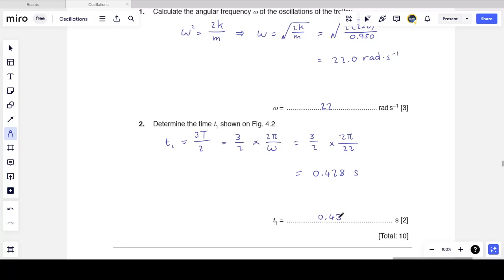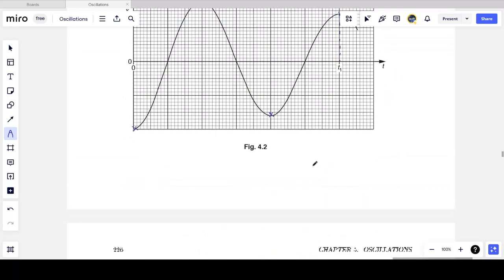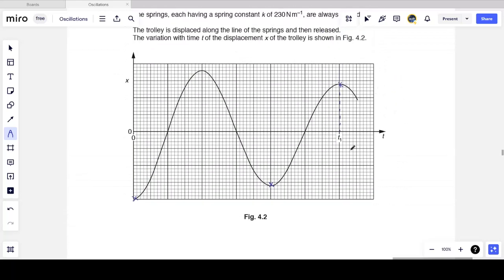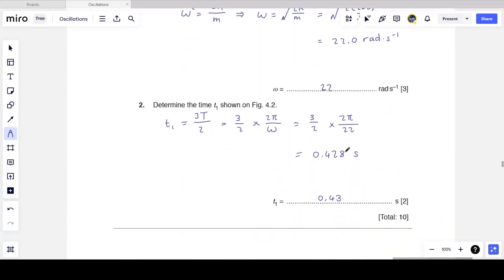So even though there were no times given, I could use the fact that I knew omega, and then also use the fact that I could find t1 in relation to the period, and then calculate t1 because I could calculate the period since I have omega. And so a little bit of extra steps, but doesn't change the fact that we know what we know. So never doubt yourself when you see a question like that.